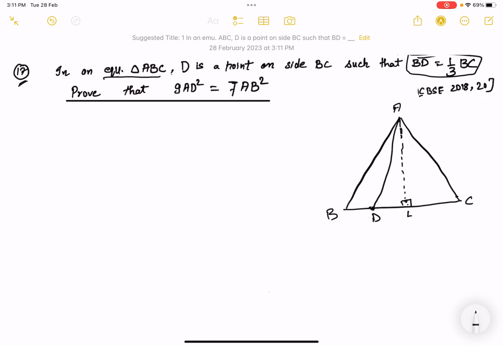I'll draw AL perpendicular to BC, and then I will apply Pythagoras theorem. First things first, as the triangle is equilateral, this perpendicular will bisect the side BC, which means BL is equal to LC.